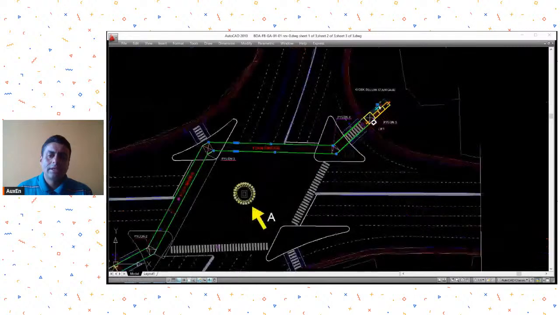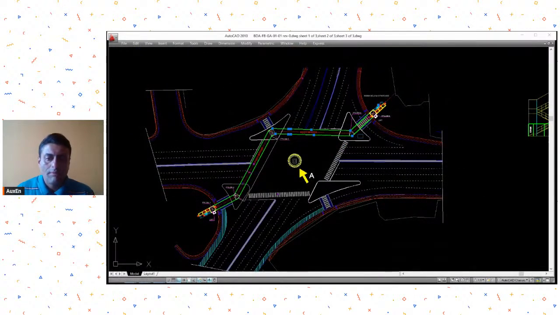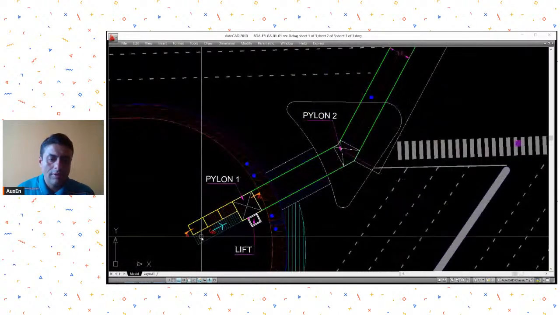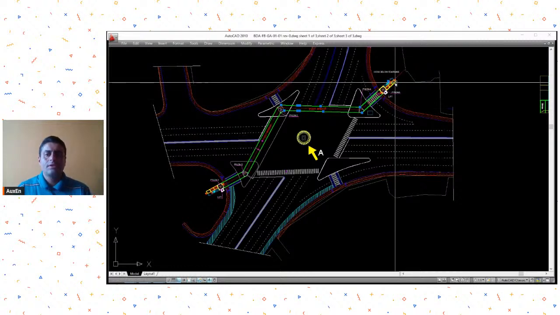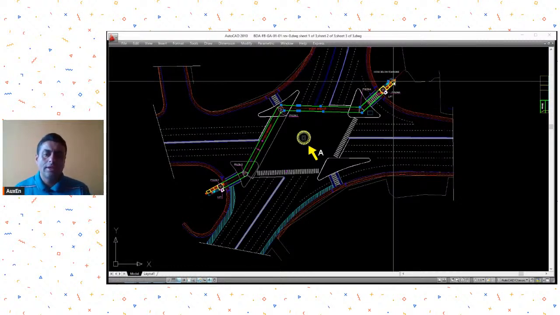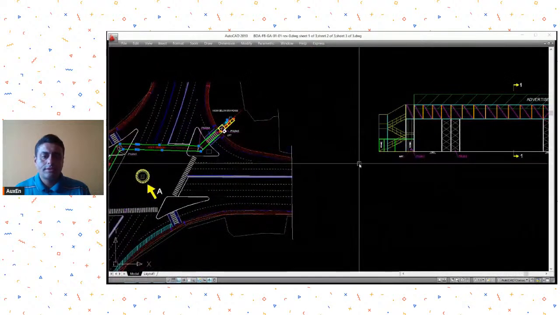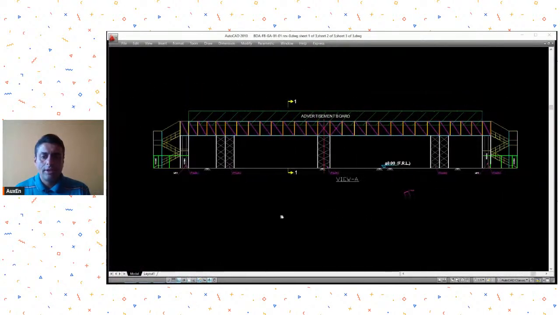Okay, so through this you can traverse from this location, take the stair, and go like this, and just get on the other side. So this is the overall plan of this bridge, and this will be the developed elevation.